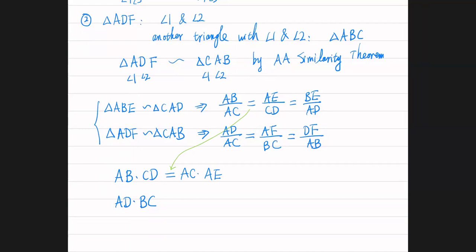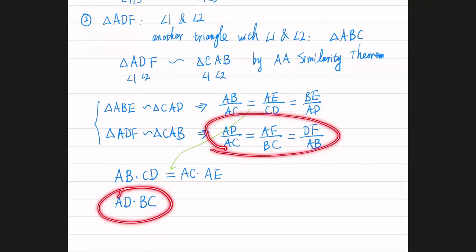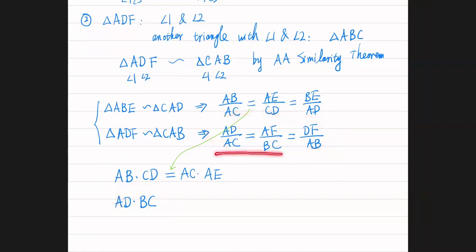Okay, in the second equation, which one gives us AD times BC? AD times BC equals AC times AF. This is from this identity.